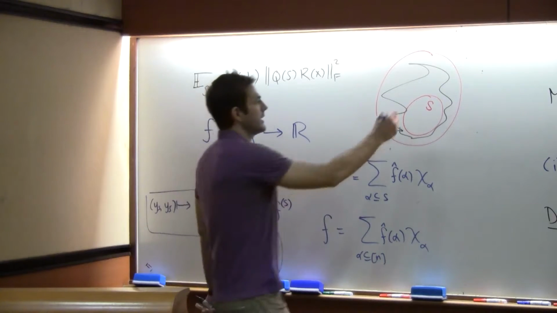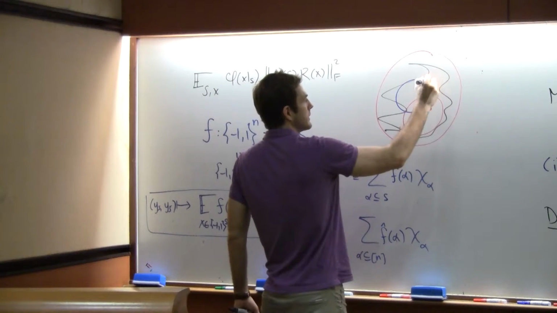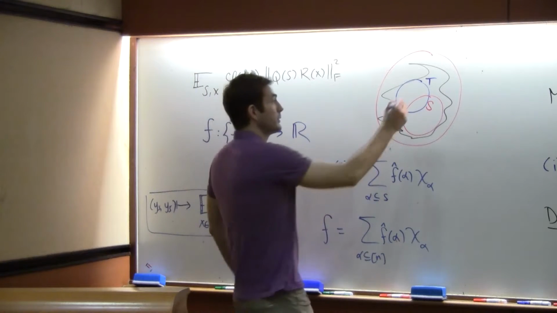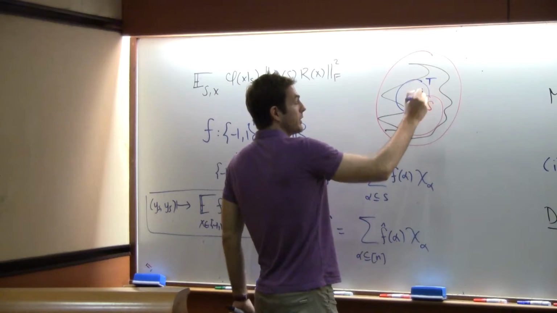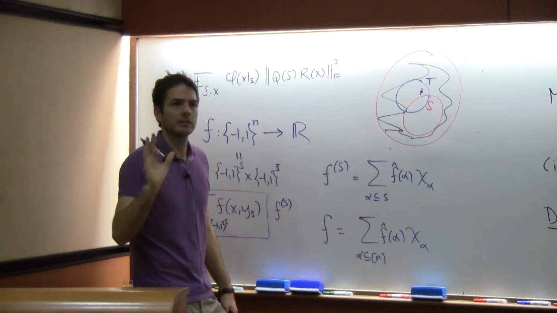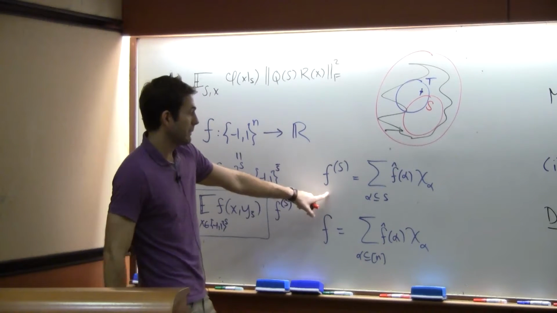That's just because if you have any character, some set T, when you flip an input from 1 to minus 1, the sign of the character changes. So if you average with both signs, it cancels out. So this is what happens in the restriction.